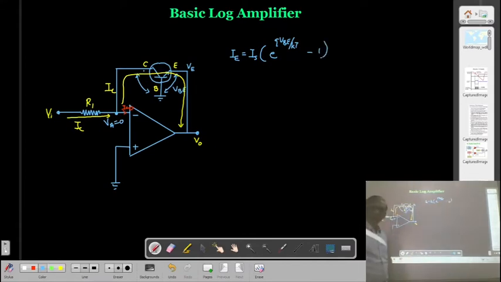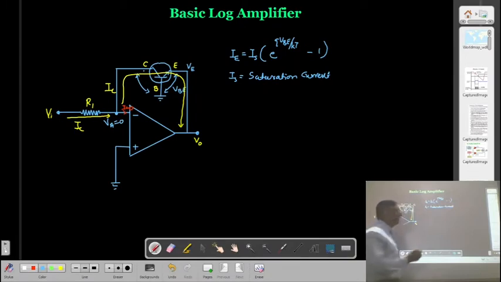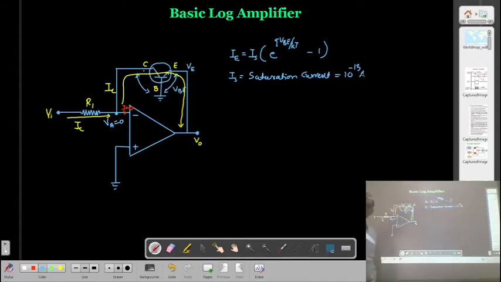Remember, here what is IE? That is the emitter current of a transistor. IS is nothing but the saturation current, and this saturation current is very small, typically of the order of 10⁻³ ampere. That is the typical value of the saturation current, and the saturation current is also very sensitive to temperature.